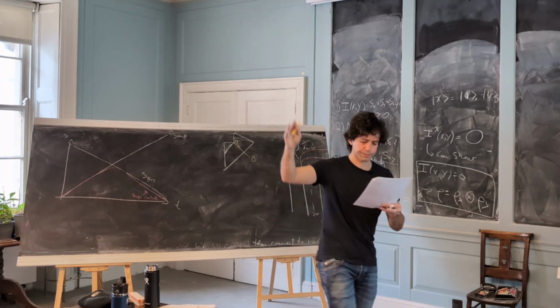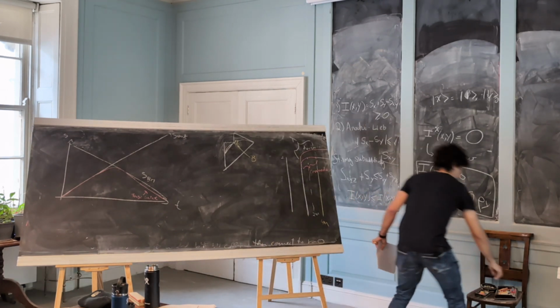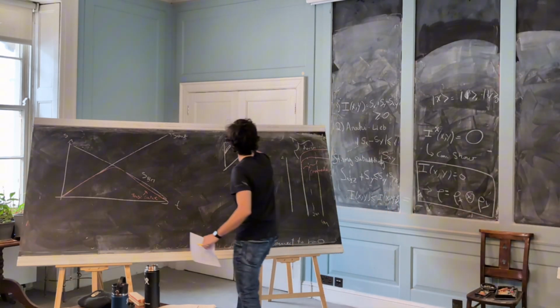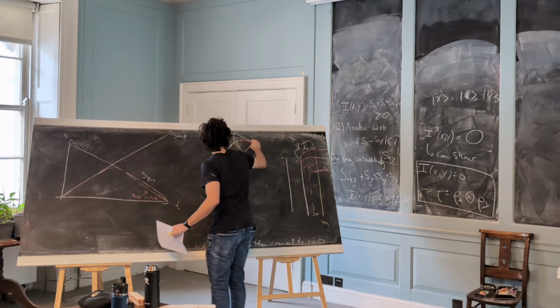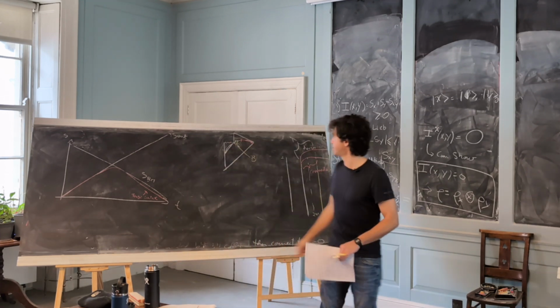And then the rest of my state will be some bath of radiation. I'm going to draw that here. The radiation is far away from the black hole. I've been collecting it in my lab for a long time outside of the black hole.